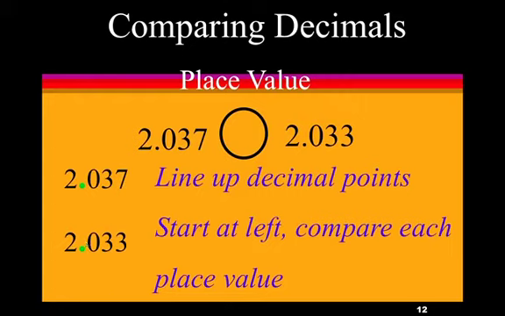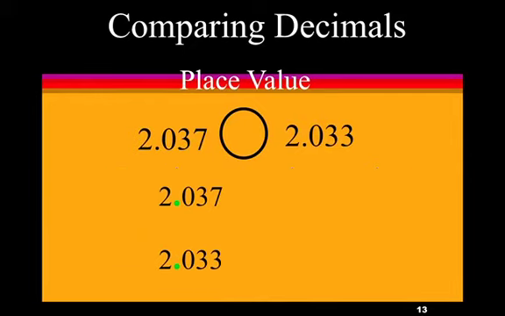You compare the places that are greater first. In this case, our greatest place is the ones. So we're going to see the ones digits. And we have 2 and 2. These numbers are the same, so this is not going to help me know which one is greater.